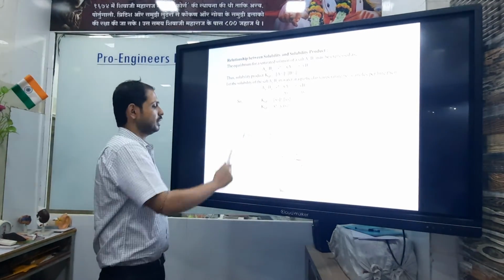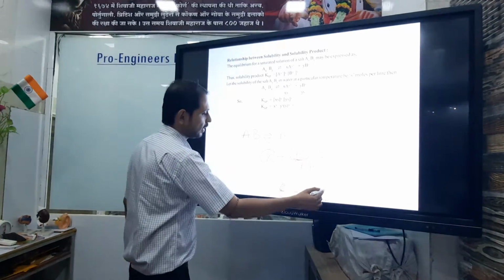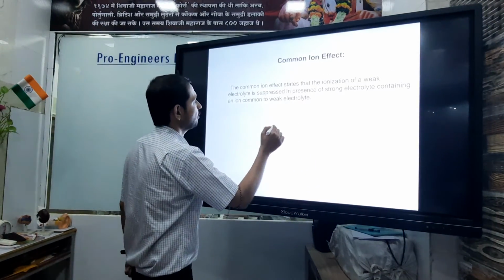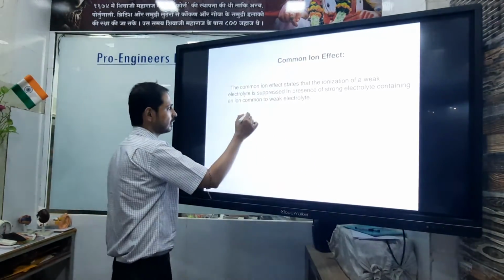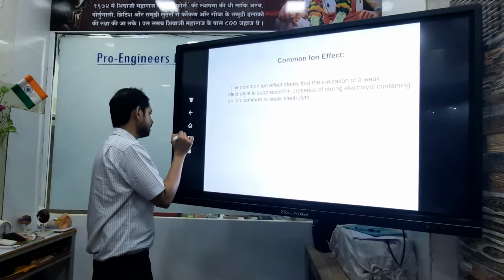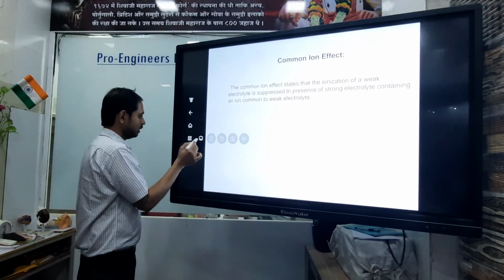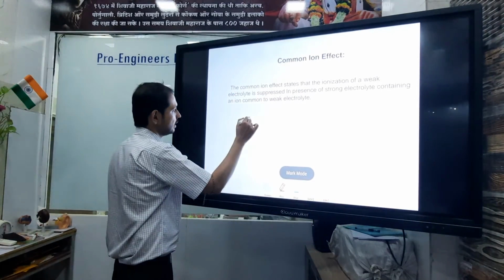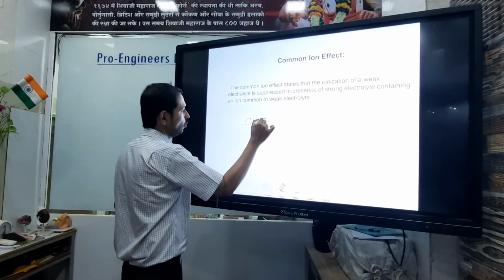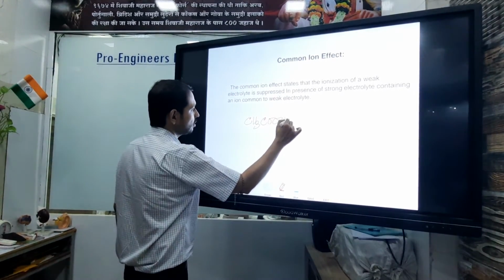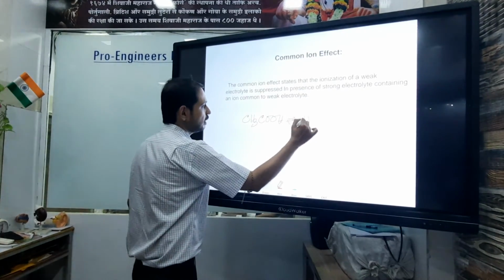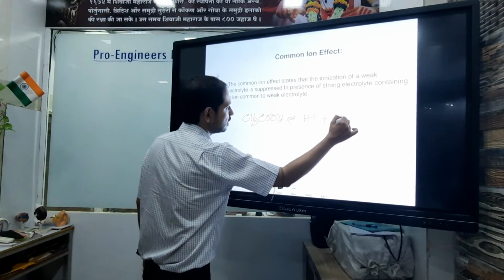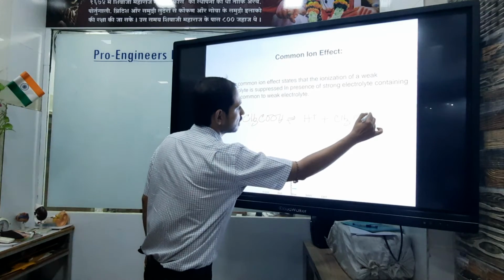We need to apply the same concept in the case of the common ion effect. Suppose, for the common ion effect, we take a simple example of acetic acid. Acetic acid is a weak electrolyte. It doesn't dissociate 100%, so it will give H+ plus CH3COO-.